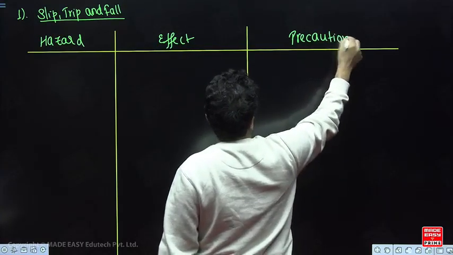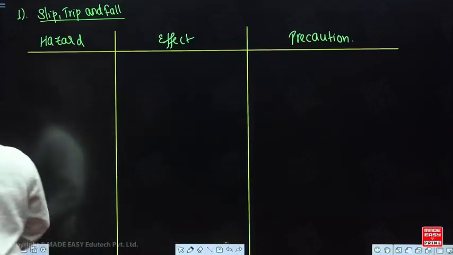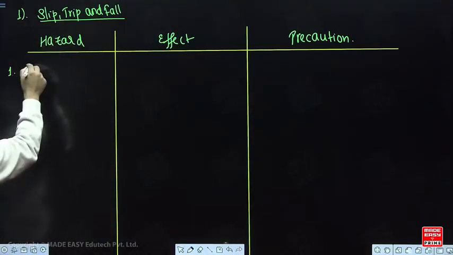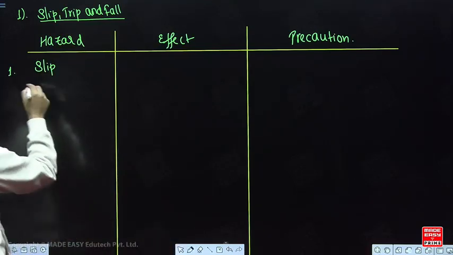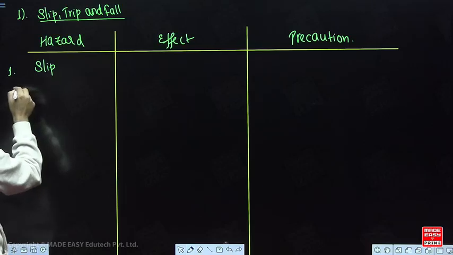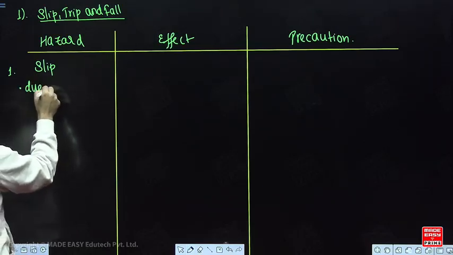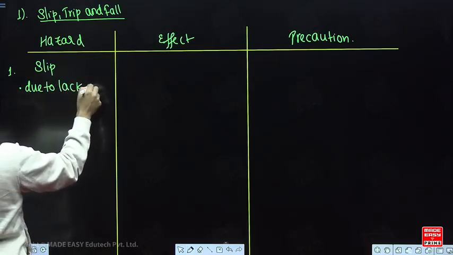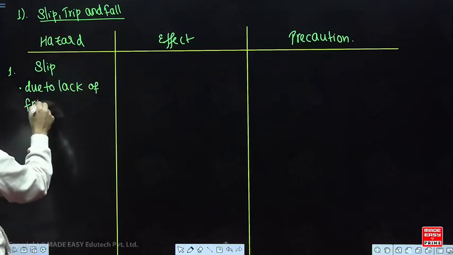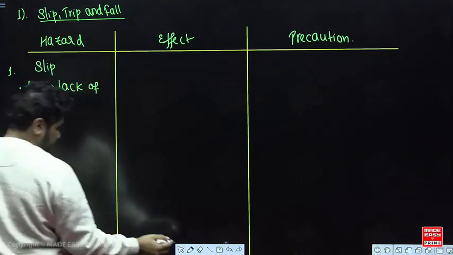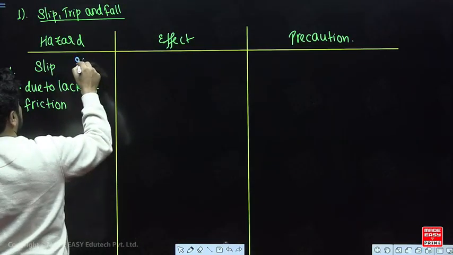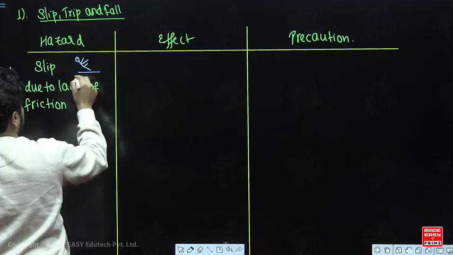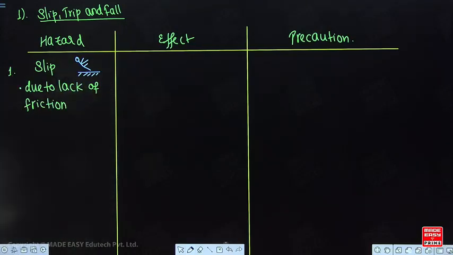Correct? So the first one is called slip. Slip, that is due to lack of friction, है ना? तो slip कैसा होगा? Correct, slip. So due to lack of friction, correct?